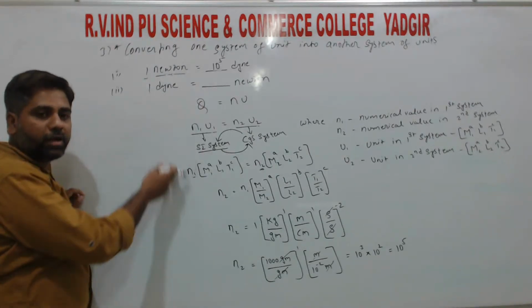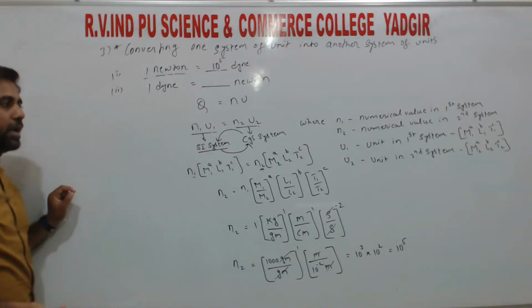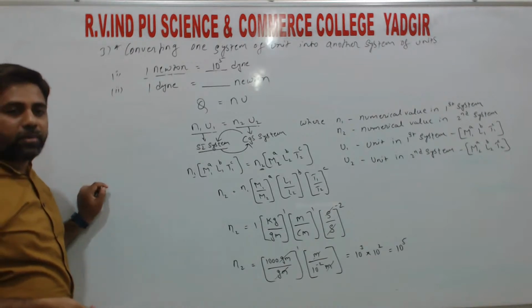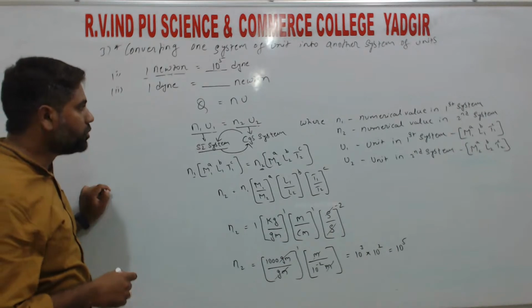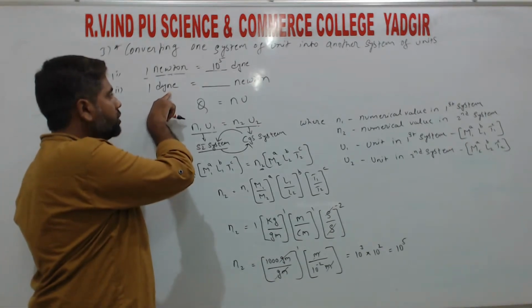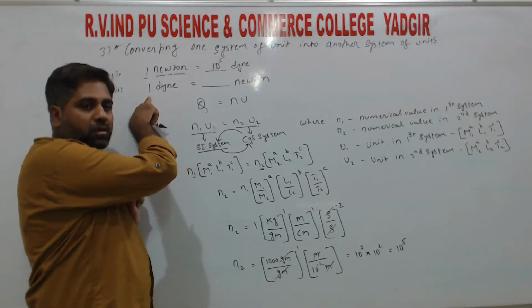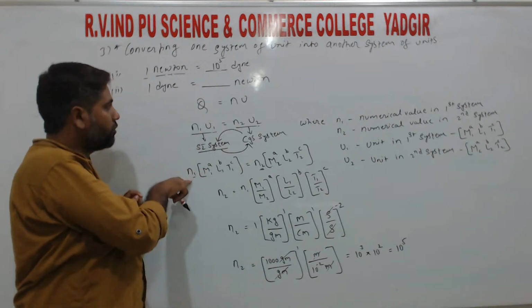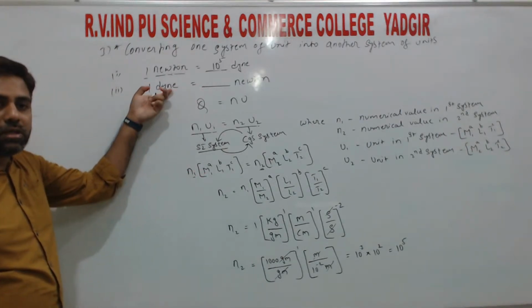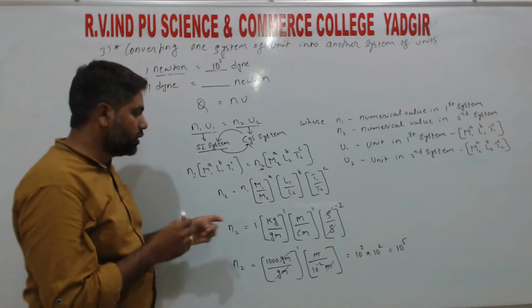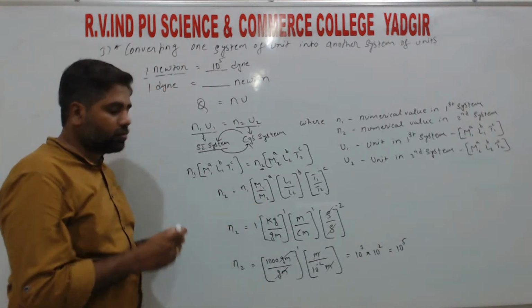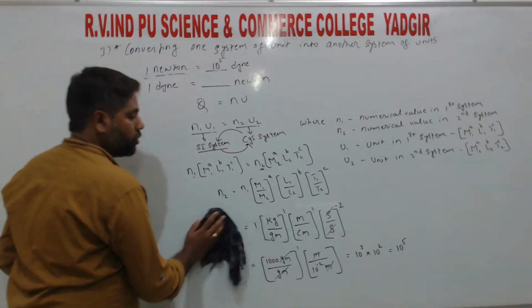That is again by using the same application of dimensional analysis, right? So here 1 dyne, 1 is the numerical value n1. Dyne is the unit in the first system, right? Up to here everything is the same.